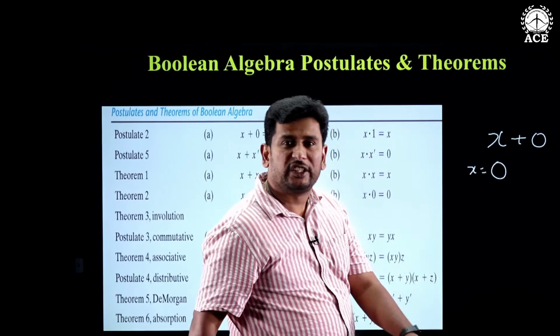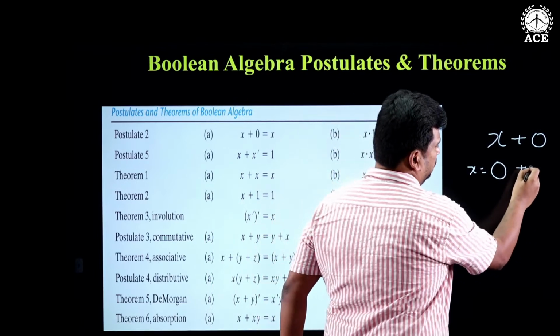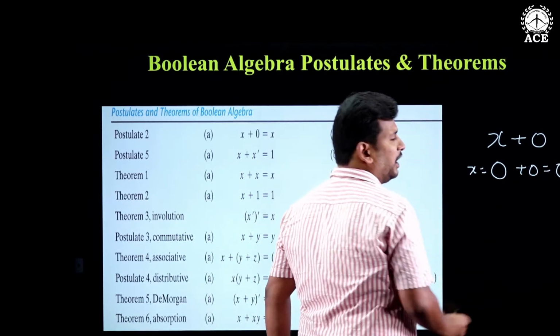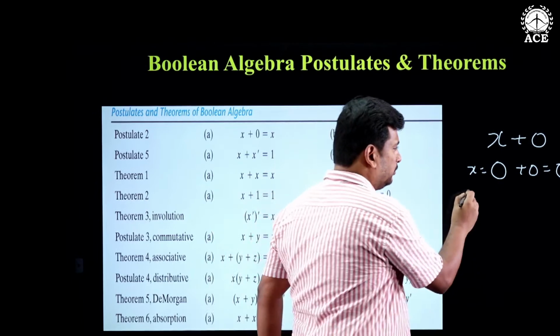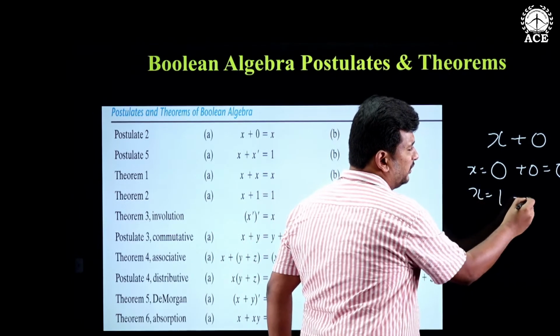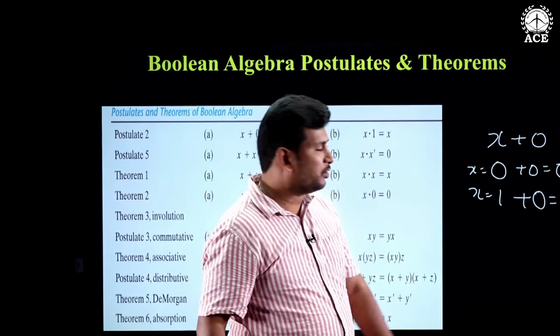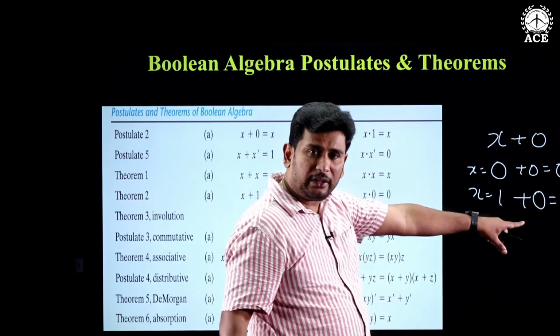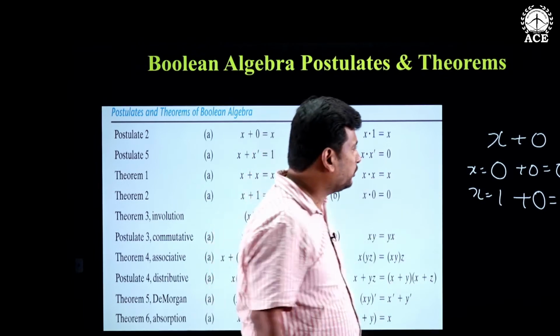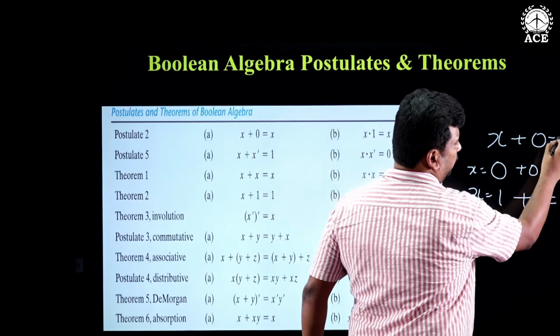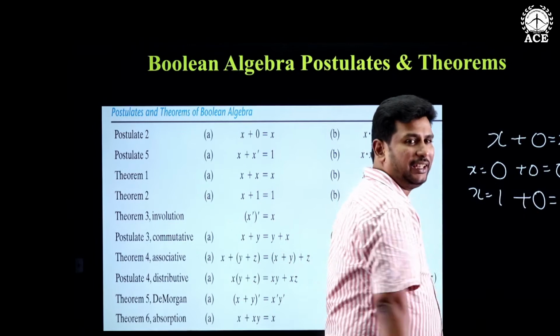Then 0 OR with 0 is 0. And if X equal to 1, 1 OR with 0 is 1. So your output is the same as your X value. So we can mention, X OR with 0 equal to X.